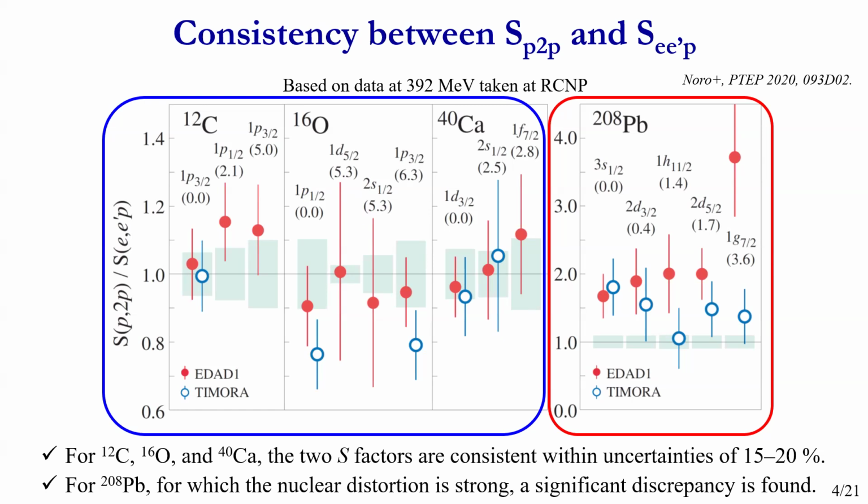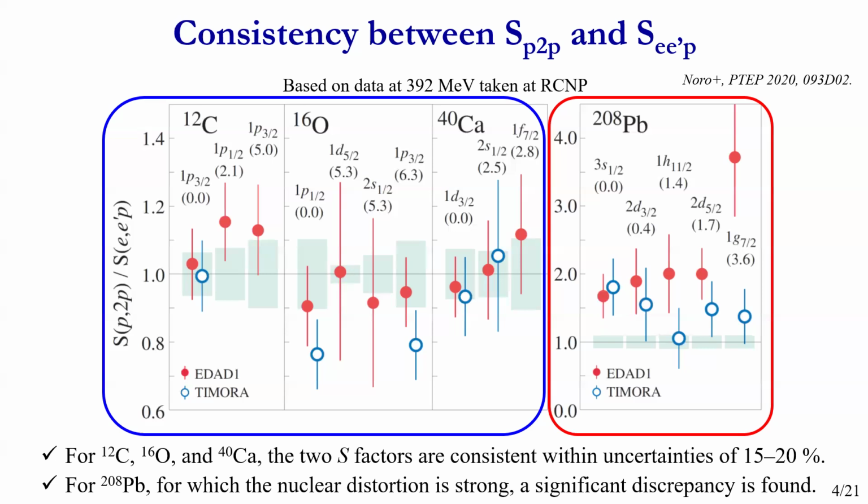I have no idea. Actually, currently, this is a big open question, I would say. If I knew the answer, I should have explained that. It's just a puzzle. Are there other isotopes between calcium and lead that one could study?